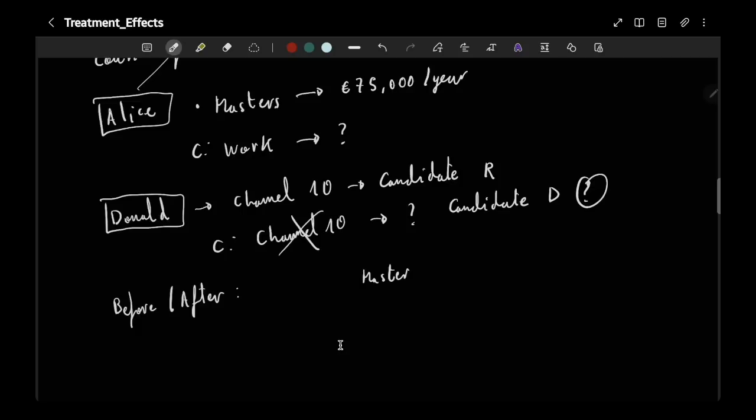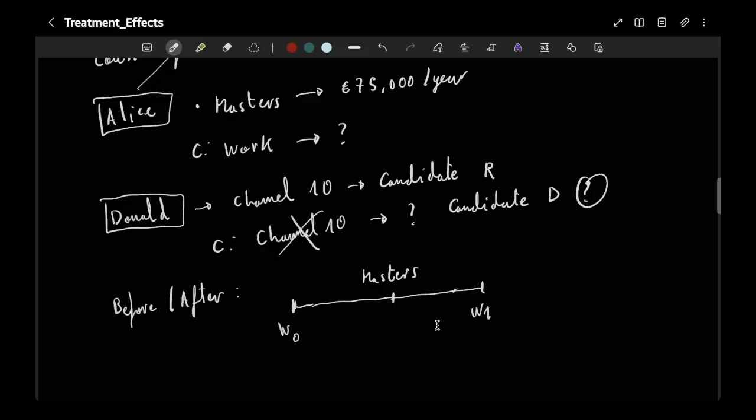So we have the point in time at which Alice earns the master's, and then we can see her wage before and her wage after. Tracking the same person over time can be an extremely helpful way to untangle cause and effect. However, it cannot solve the fundamental problem of causal inference.